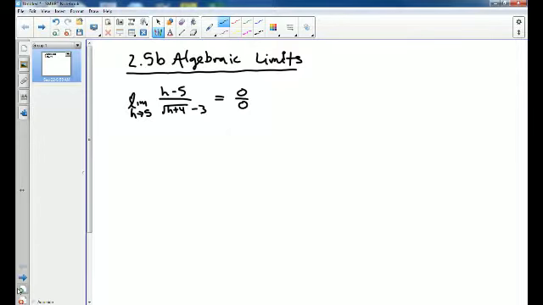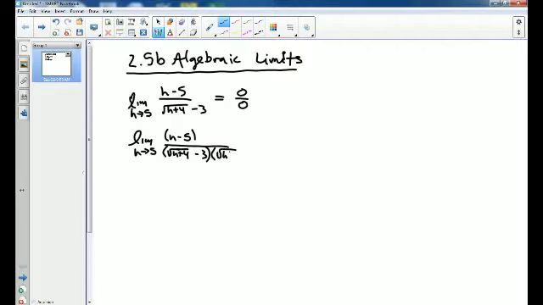So you should multiply the top and the bottom by the square root of h plus 4 plus 3. Yes, correct. It's not called an inverse, it's called a conjugate.